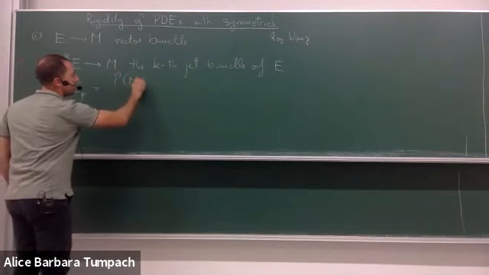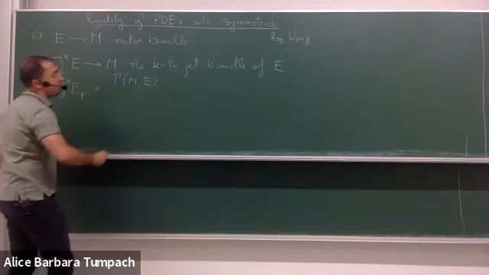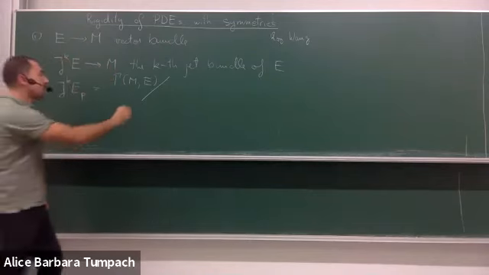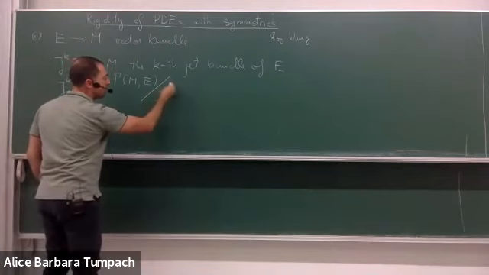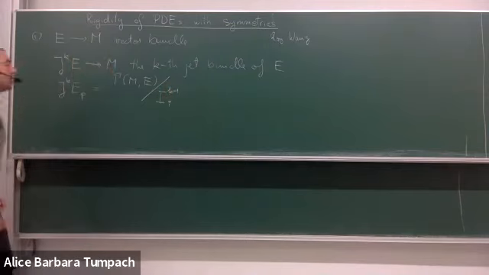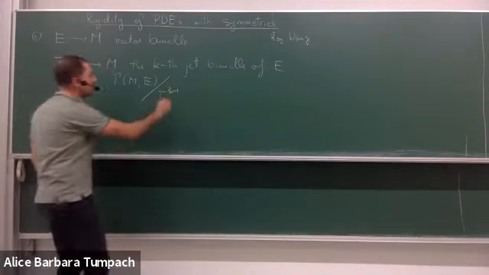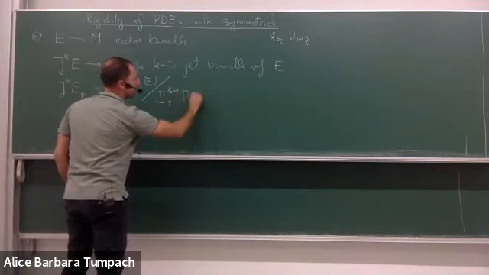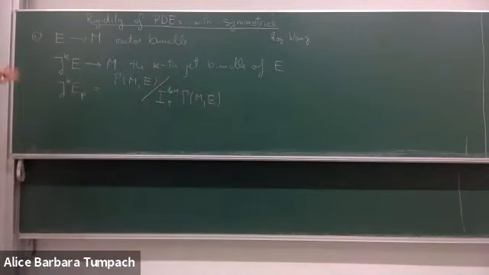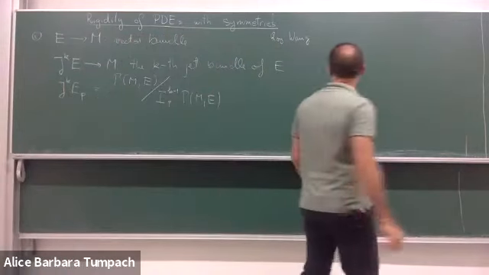So these are sections of E over M modulo sections which vanish, and you can realize this as the vanishing ideal of p to the power k+1 times the space of all sections. This is a description of the k-th jet bundle, and if you start with a vector bundle, what you obtain is again a vector bundle.